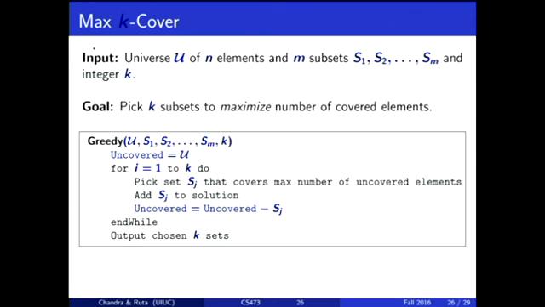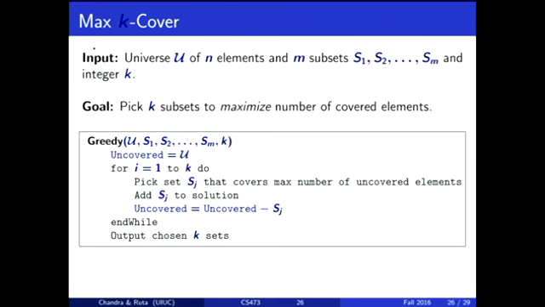In the set cover problem, you want to find the smallest number of these sets which together cover all the elements. But here, you're given a bound on how many sets you can take. So you're given k and you say you can't take more than k sets, but you want to cover as many elements as you can.